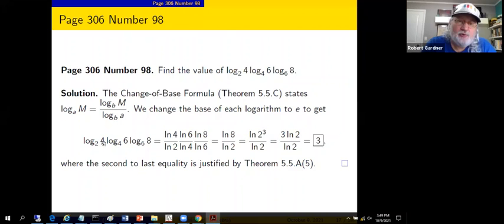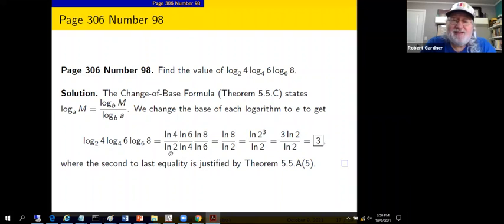So log base 2 of 4 would be the natural log of 4 divided by the natural log of 2. Log base 4 of 6 would be the natural log of 6 divided by the natural log of 4. Log base 6 of 8 will be the natural log of 8 divided by the natural log of 6.